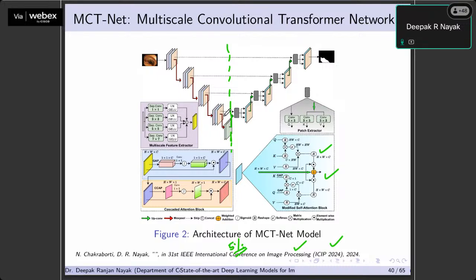In the encoder, we have just proposed one multi-scale feature extractor block with the help of separable convolution, which I mentioned earlier. Separable convolution helps to reduce the parameters significantly compared to the traditional 3x3 convolution.